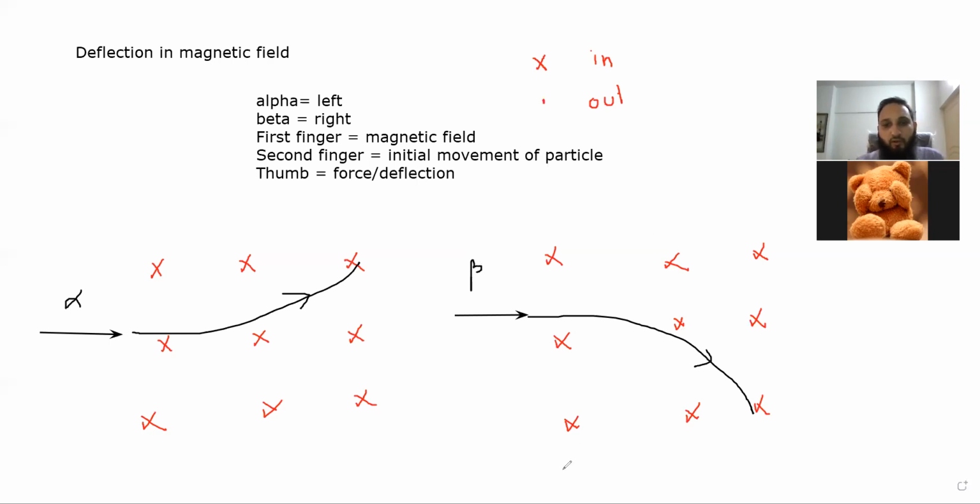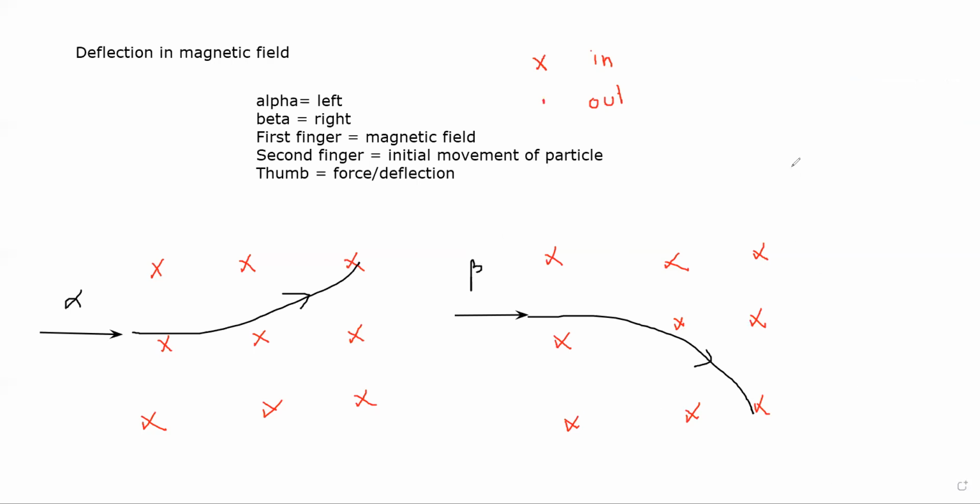That was the deflection of alpha and beta when the magnetic field is into the paper. But it can be the other way around. The magnetic field can be out, and out is represented by the dots.